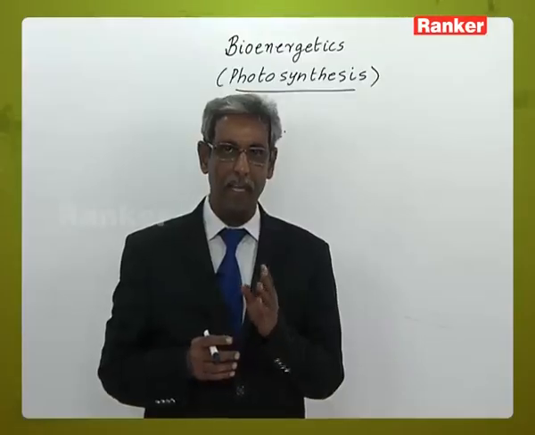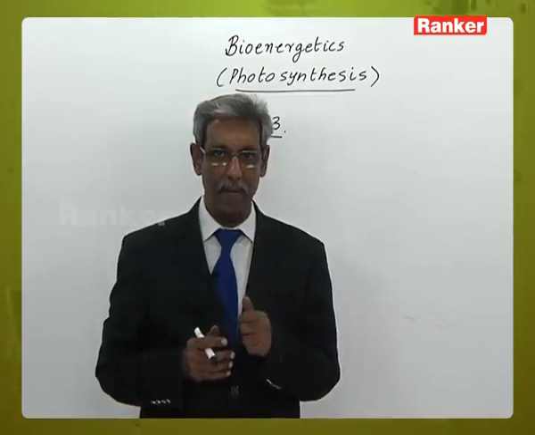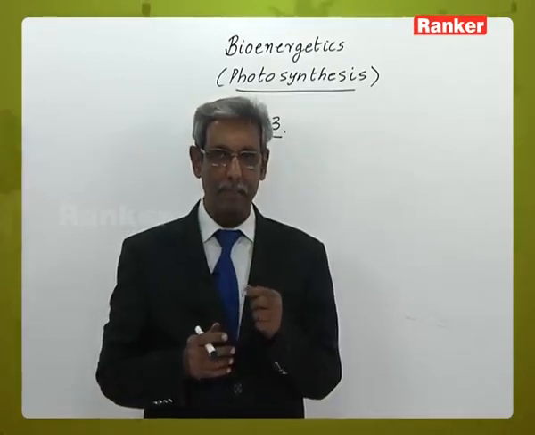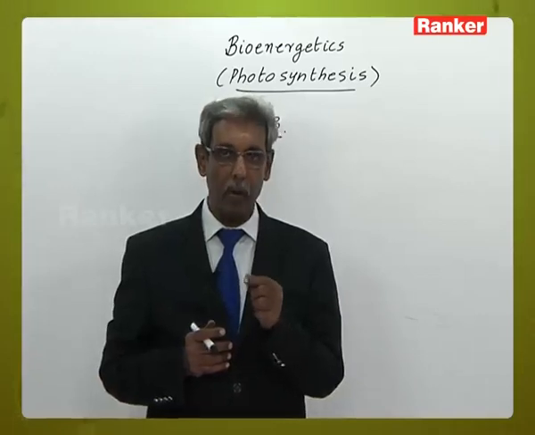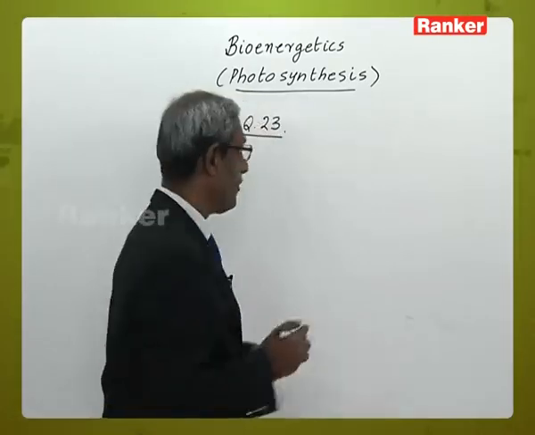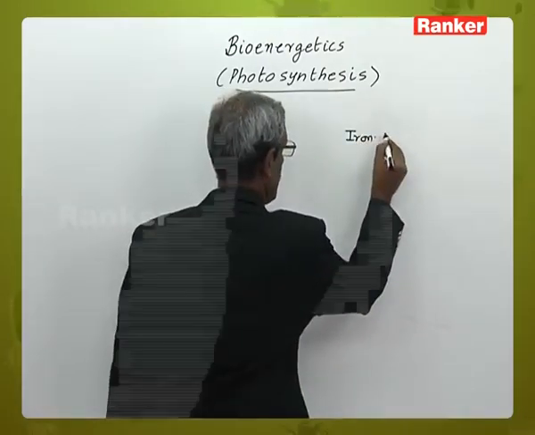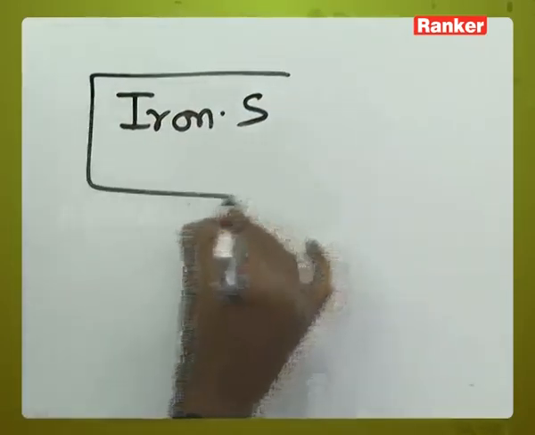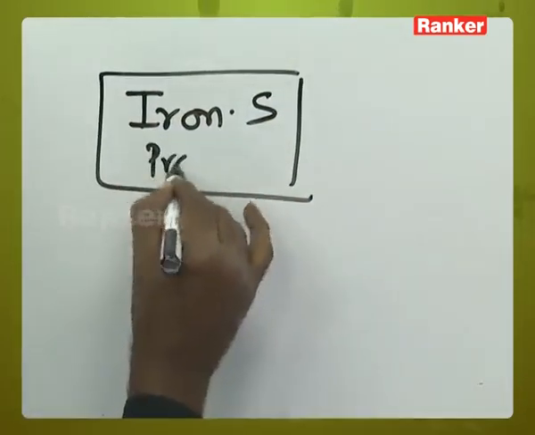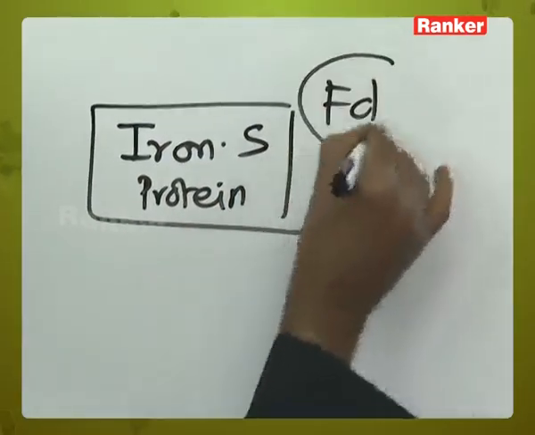If you recollect, in the light reactions of photosynthesis, in photosystem 1 from P700, electrons are accepted initially by an unknown compound, and the unknown compound is an iron sulfur compound. After it is taken by the iron sulfur protein, then it later on goes to ferredoxin.